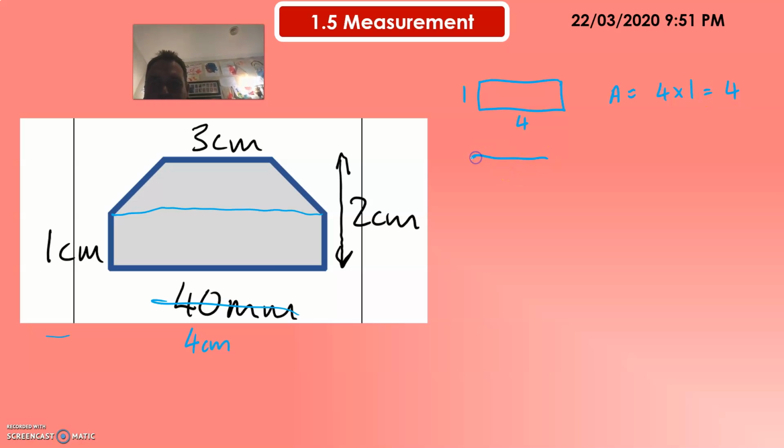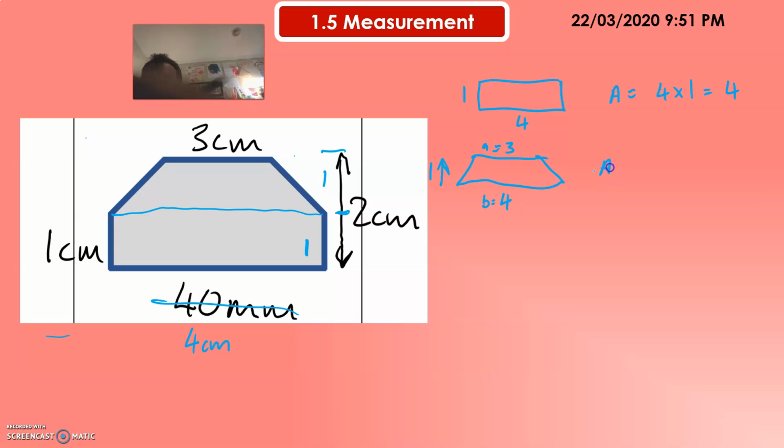Now the trapezium again, terribly drawn trapezium. So it's 4, it's 3 on the top. So that's A, B, and the height is equal to 1. Now the reason it's 1 is because that's 1, and that gets me to there, and to go to the top, it's another 1 to make up the 2.